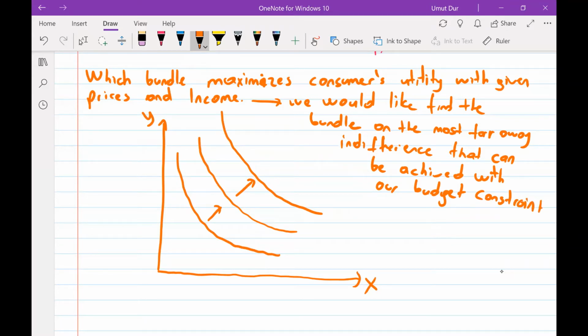These orange ones are the indifference curves. We would like to be far away from the origin, but we would like to have that bundle achieved under our budget constraint.